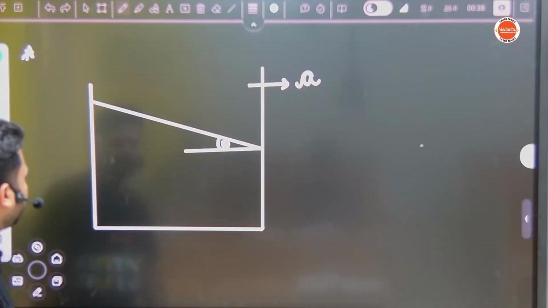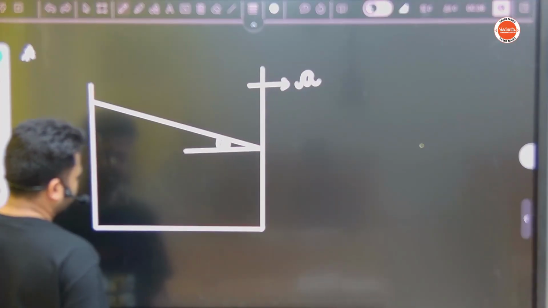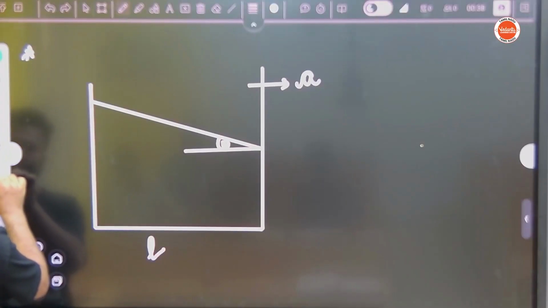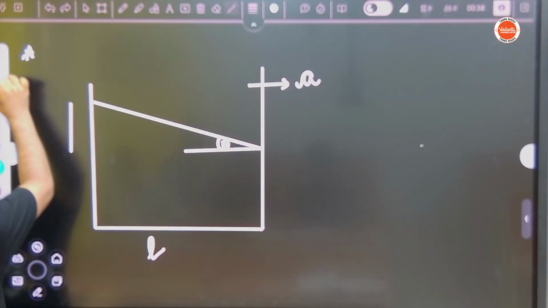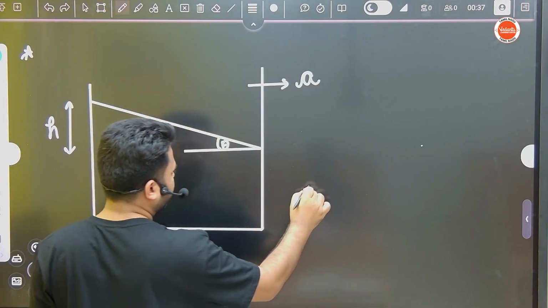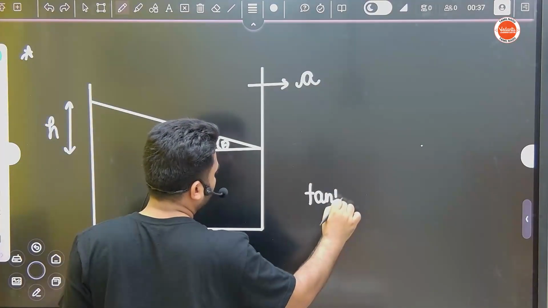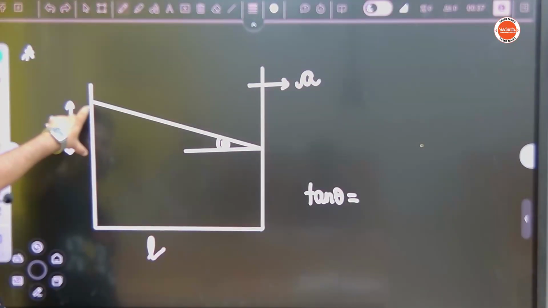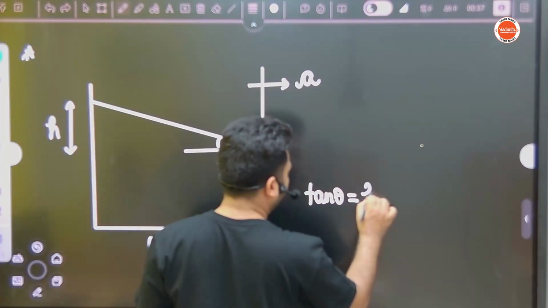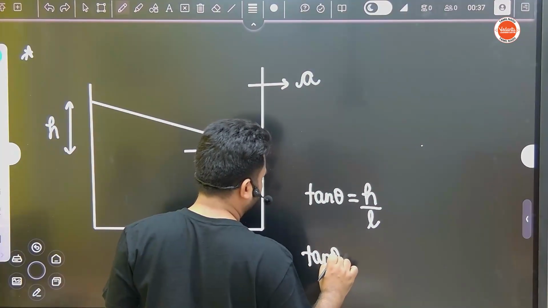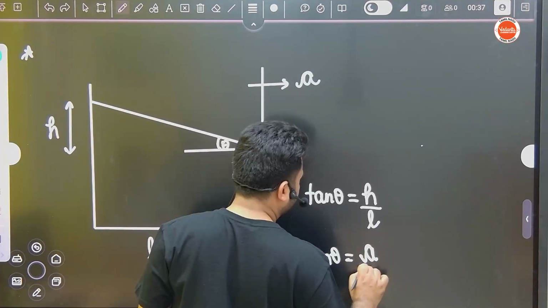Suppose this length is L and this length is H. So can I write tan theta equals perpendicular by base, H divided by L. And also remember, this comes from derivation, I am not doing it, tan theta equals A by g.